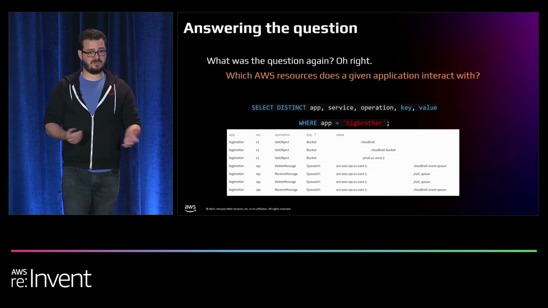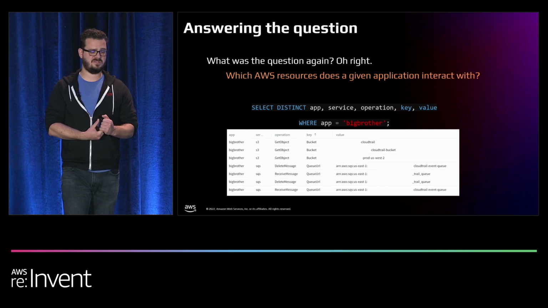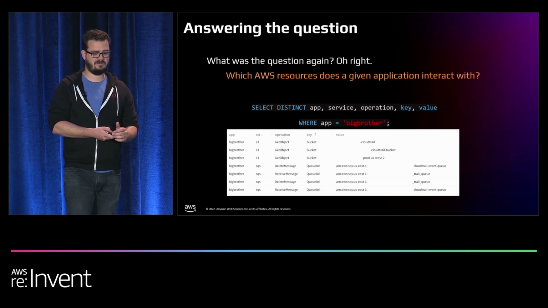If there were any other resources that this application was talking to, we would see them right here. There wasn't any service-specific customization, no application modifications, just a rebuild and a redeploy of this application, which at Netflix happens for every application at a very high frequency.